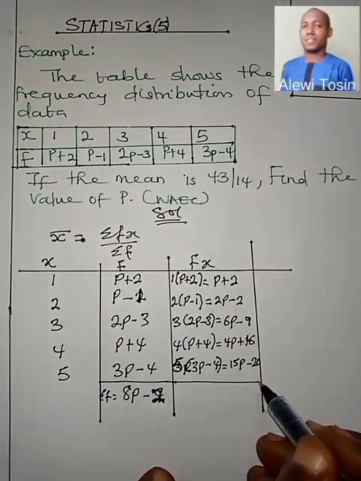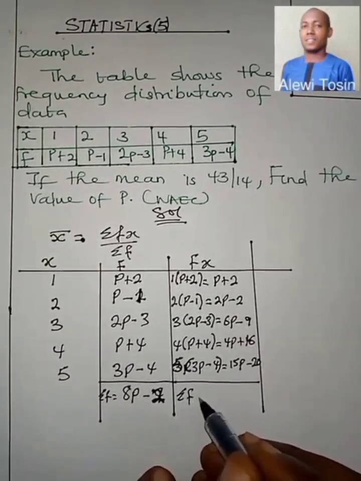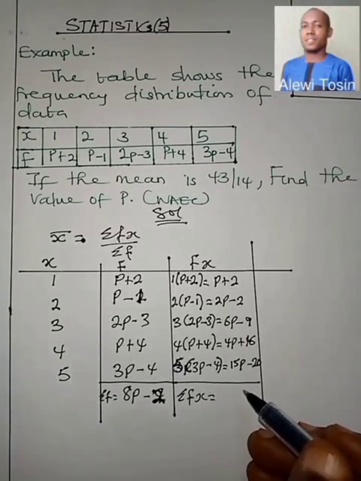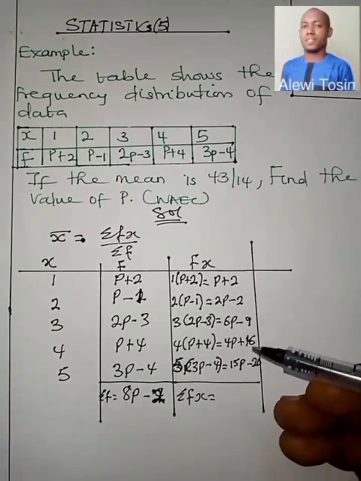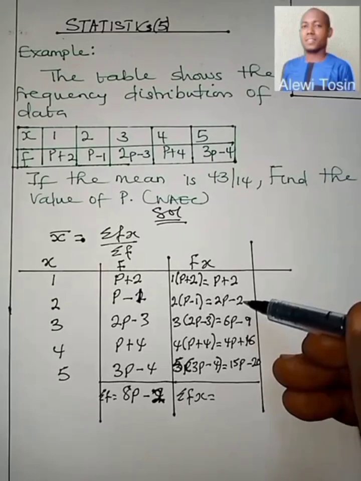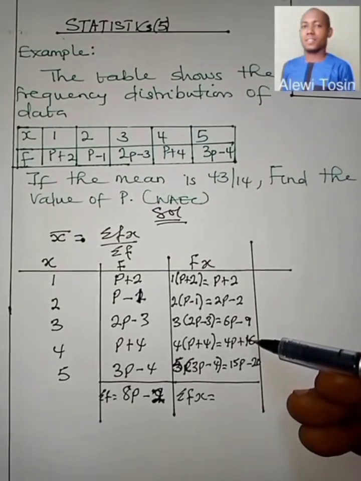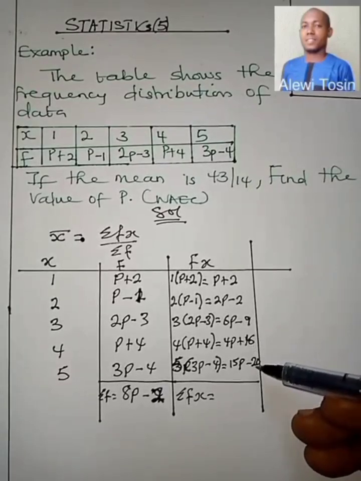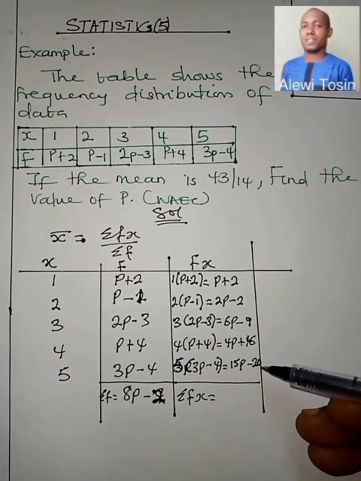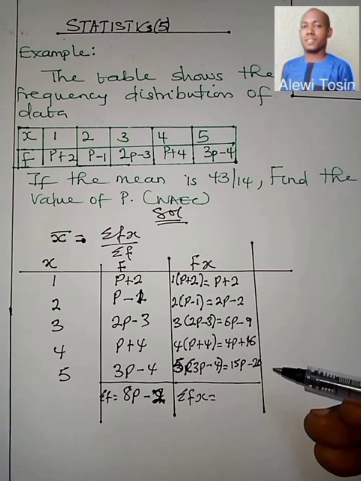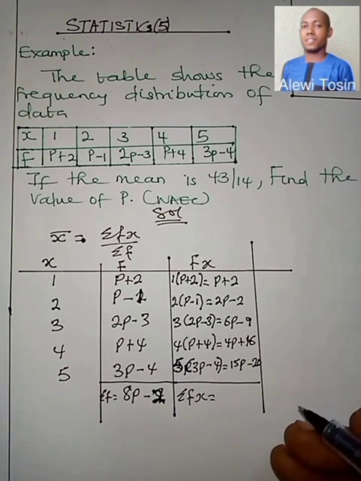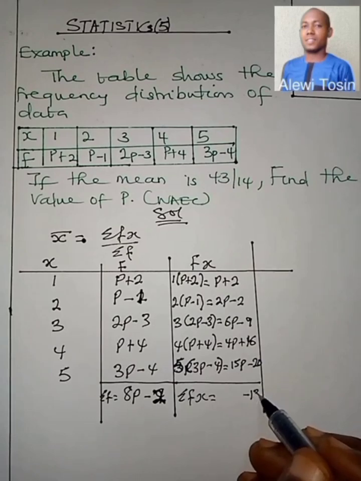The same way we go for summation fx. Plus 2 minus 2 is 0. Minus 9 plus 16 is plus 7. Plus 7 minus 20 gives minus 13.